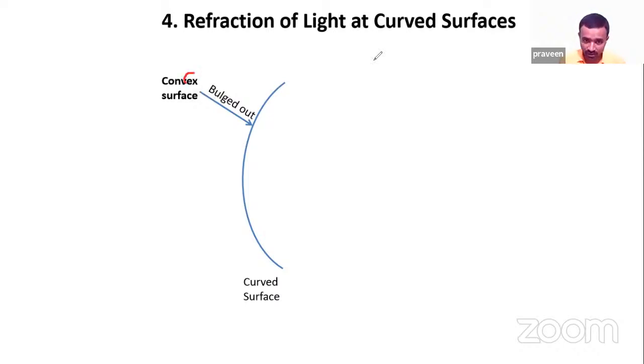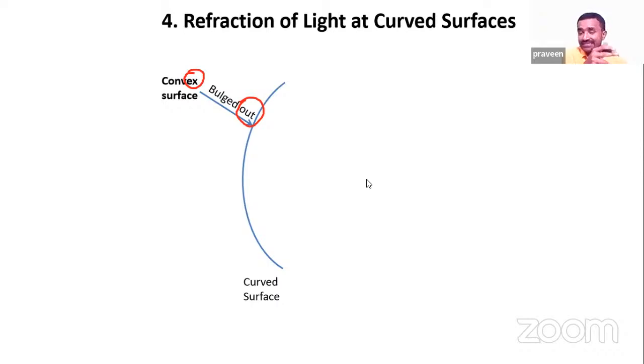In this you have x, in convex, existing, bulged out. Existing meaning is what? Out. So bulged out. So that's why I am giving you the code. A convex surface is a bulged out surface. So it is easy to identify that surface. Existing means out, coming out, right? So something out, output.